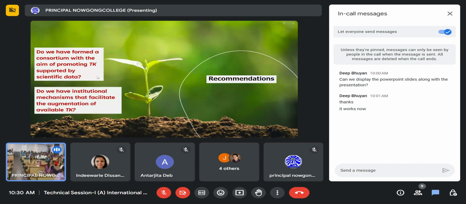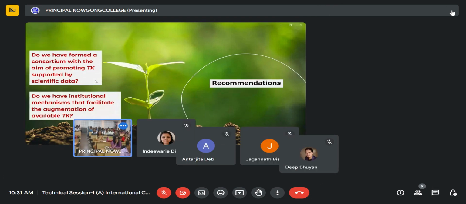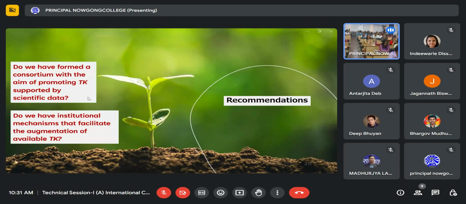Do we have institutional mechanisms that facilitate the augmentation of available traditional knowledge? It's such a huge field, but within this field of traditional knowledge, there are different sectors. Like today, we are meeting in an agricultural sustainability sector, right? So different sectors, can we augment them together?